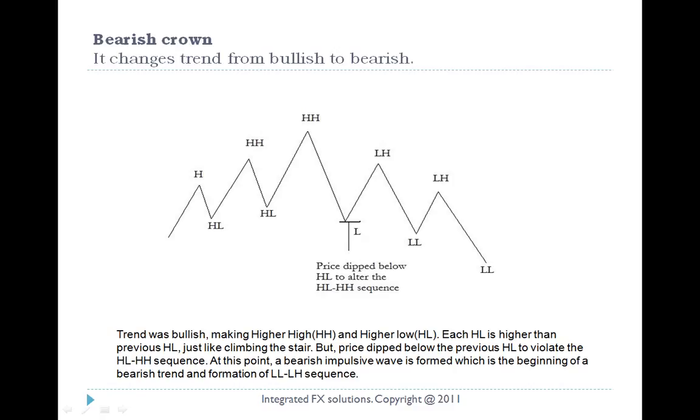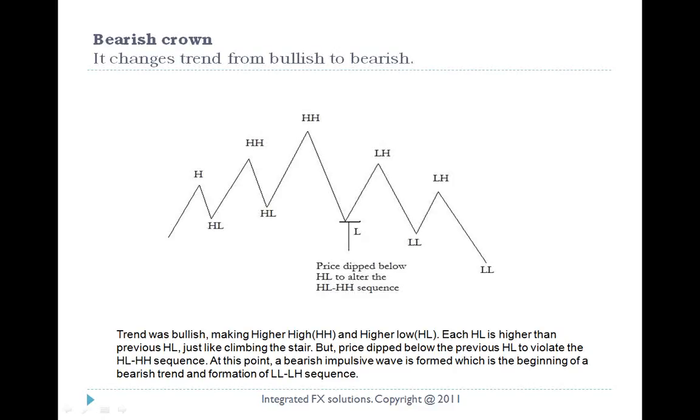But price came down to form a low, which is lower than the higher low. Price dipped to a point L, that's a low, lower than the previous higher low, that's a support, thereby violating the higher low and higher high sequence.